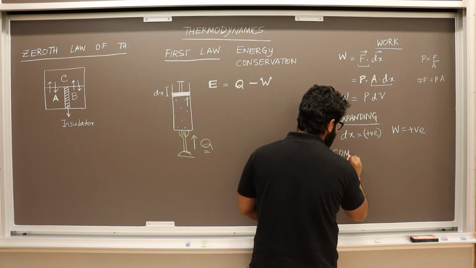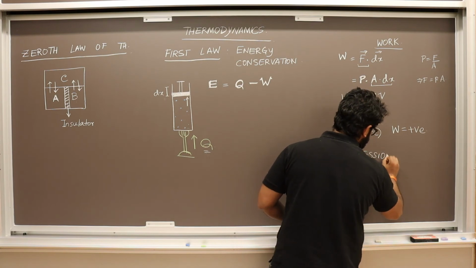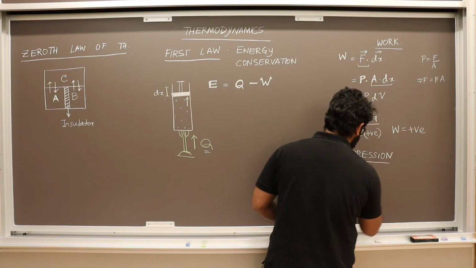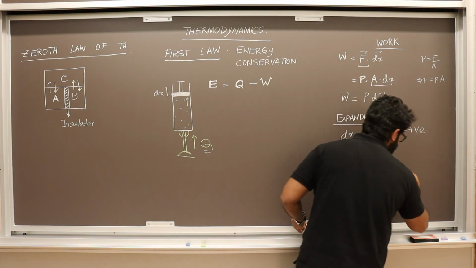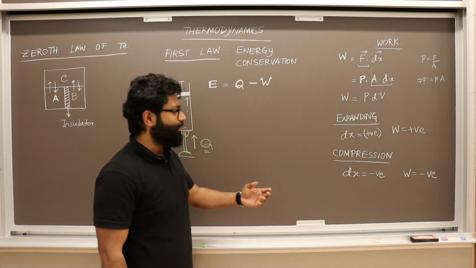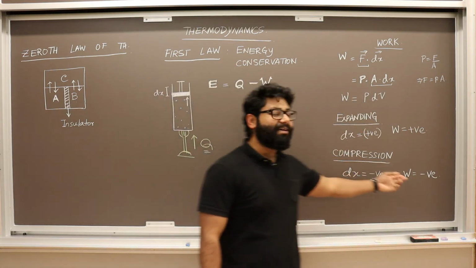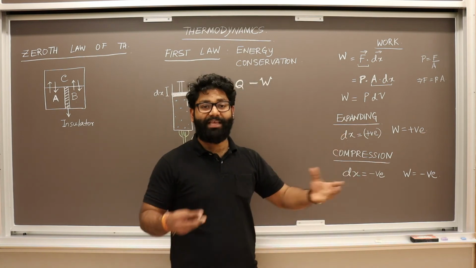During compression, the opposite thing happens, and dx becomes a negative number and therefore work becomes a negative value. So during compression, we say negative work is done. During expansion, we say positive work is done.